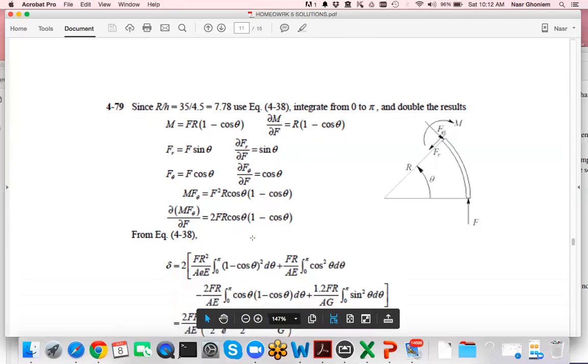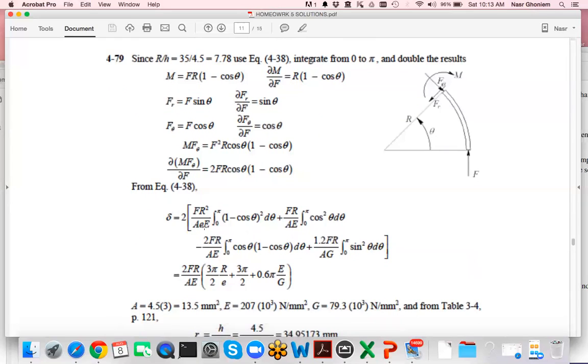And then we use the equation that we developed to add up the moment times its derivative, like you can see here. You get (1 minus cosine theta) squared. So in these types of ring problems, you always end up with sine squared, cosine squared type integrations, as I mentioned before. And those will be provided to you, or we can obtain them from a table or from Google or from any source.